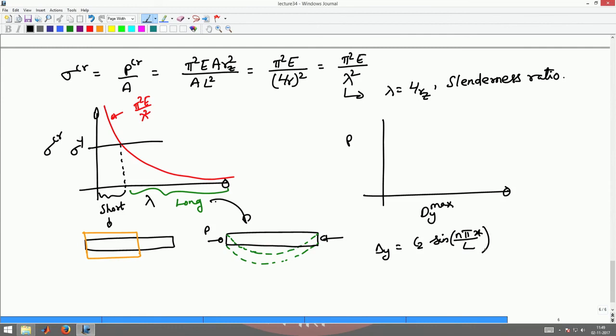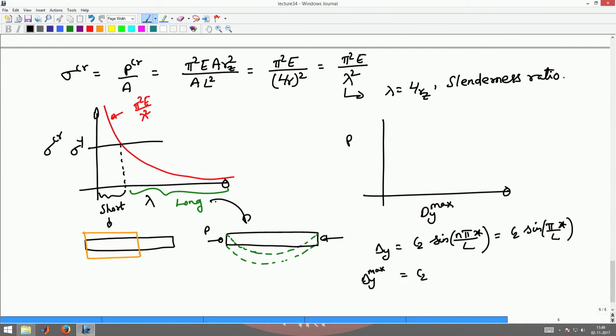Now, in particular we are looking at the first mode shape. So, this is C2 sin(pi x by L). So, basically now what happens is delta y max would be C2, right, at L by 2, the delta y max value would be C2.